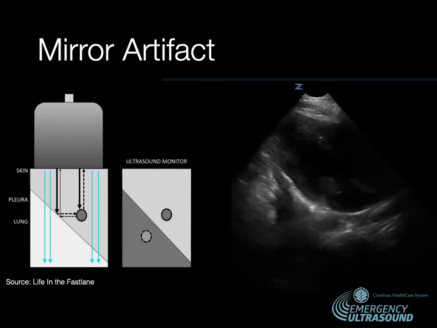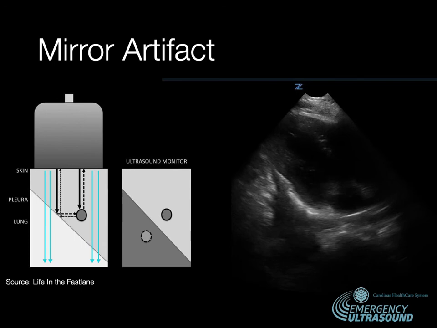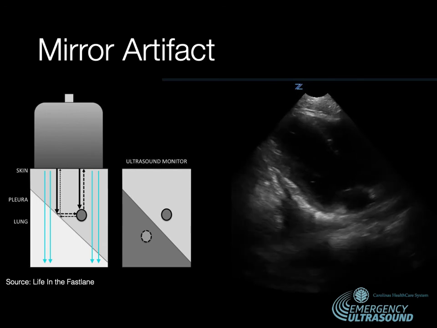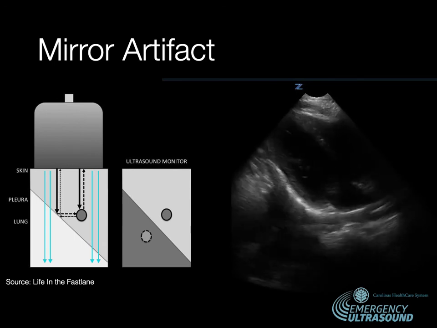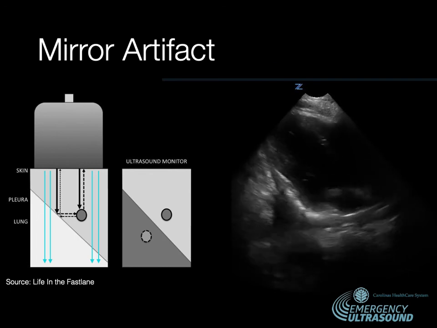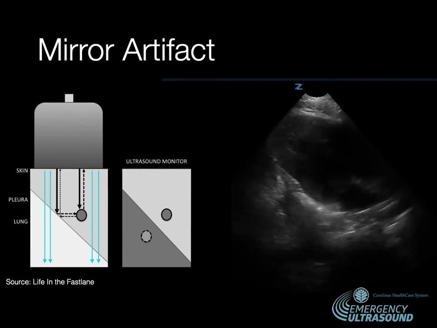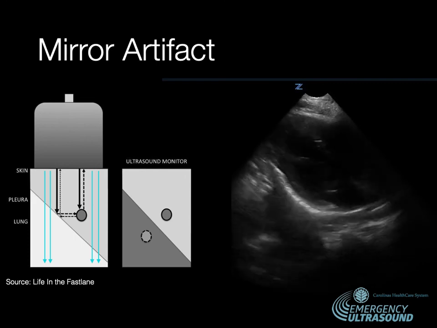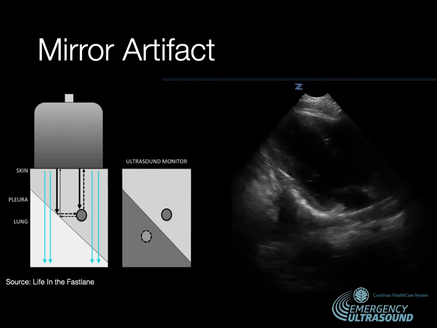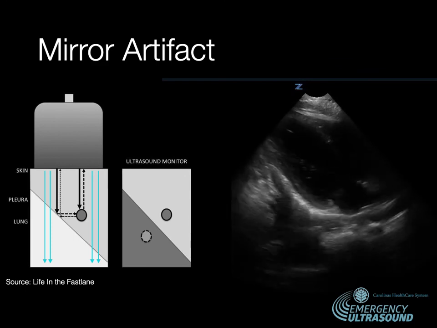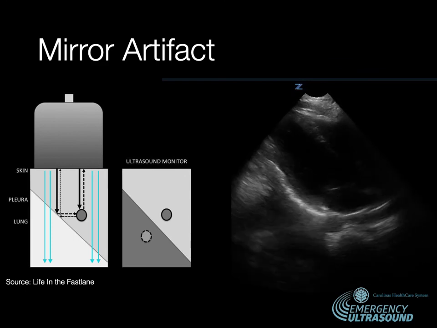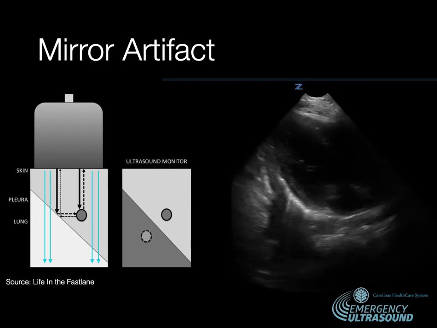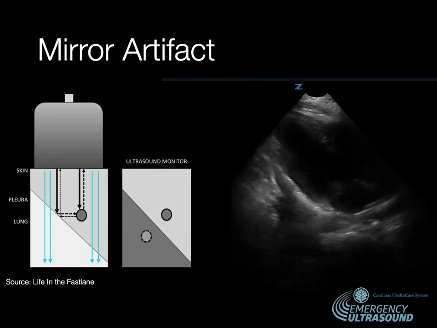It's reflected off into surrounding soft tissue, and when it encounters a second reflective object, it then begins its return journey back to the transducer along the same path. The ultrasound machine assumes that the beam has taken a direct path, and that the mirror image is then created deep to the mirror surface.